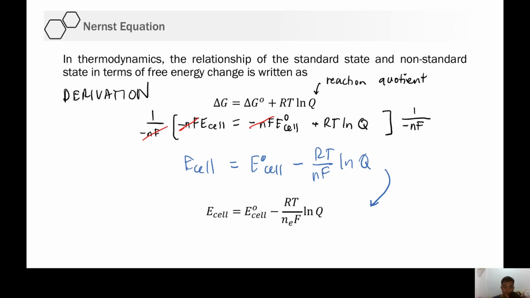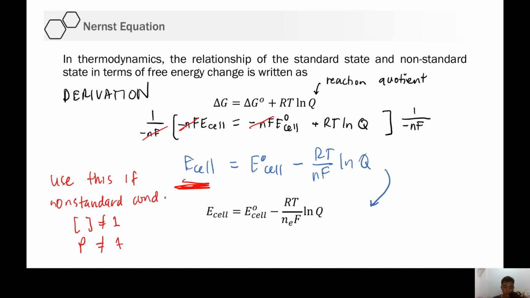So when are we going to use this? We are going to use this if we have non-standard conditions, meaning that the concentration is no longer equal to 1, the pressure is no longer equal to 1, or the temperature is no longer equal to 25 degrees Celsius.